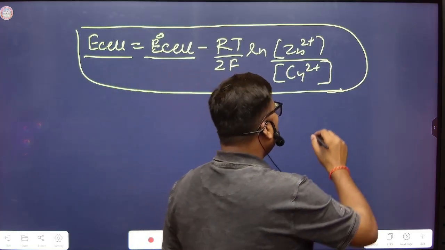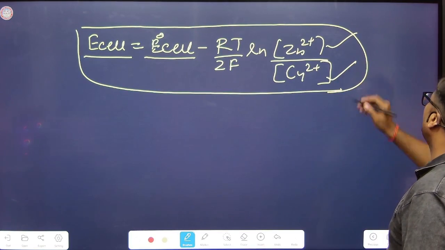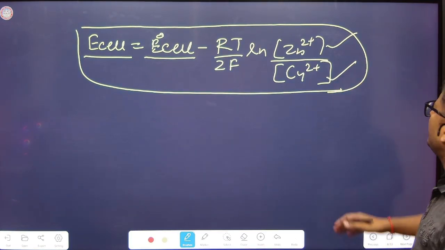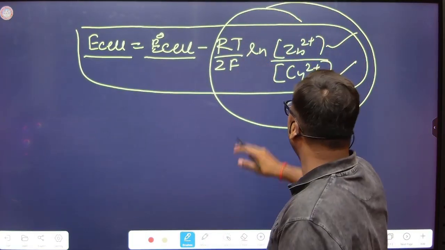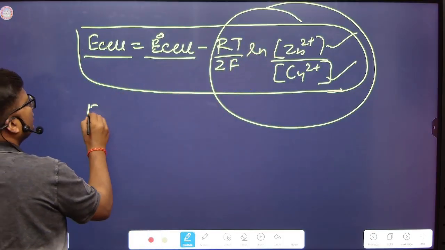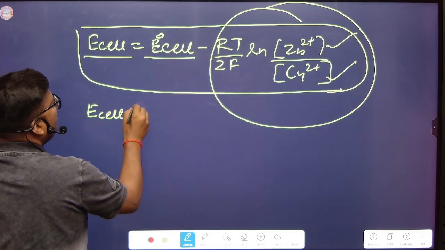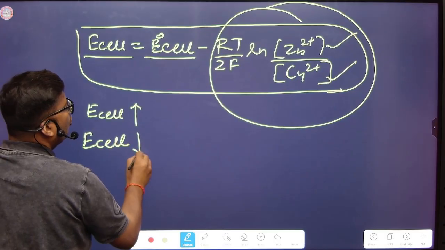So here the concentrations of zinc 2+ and copper 2+ decide these values, right? So if this value is low, then E cell will be high.